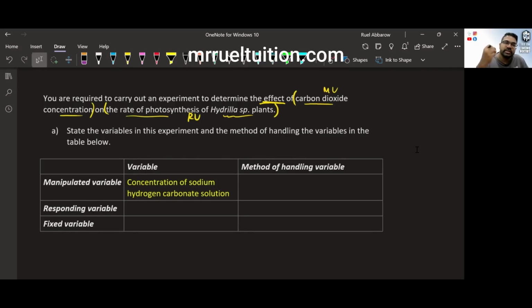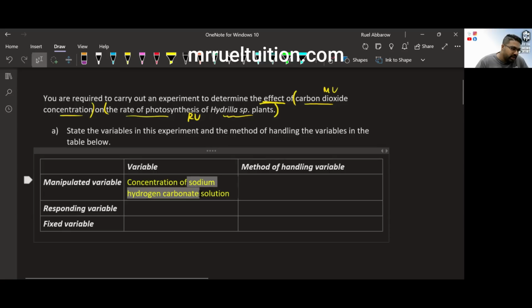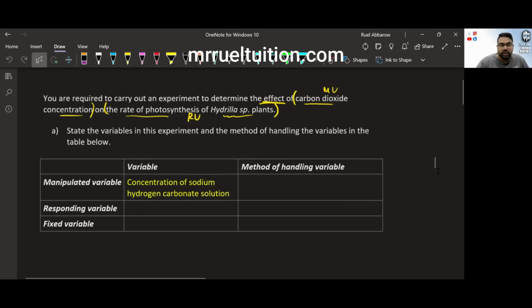Practically, what determines the carbon dioxide concentration? It is actually the sodium hydrogen carbonate solution. So again, we can be confident in this. I can confidently tell you this because this is how it is in your textbook. Okay, they don't use carbon dioxide concentration.